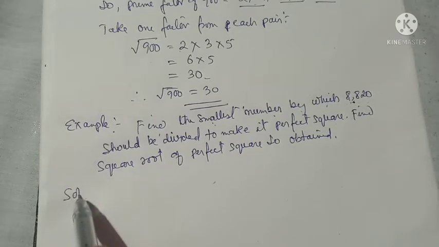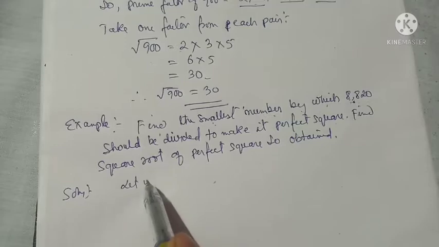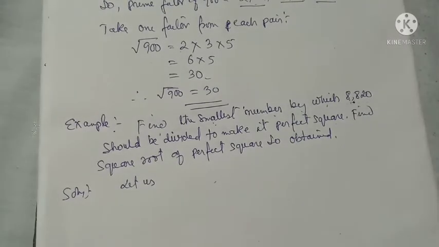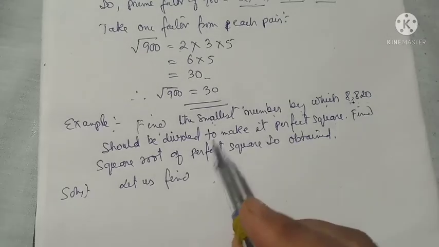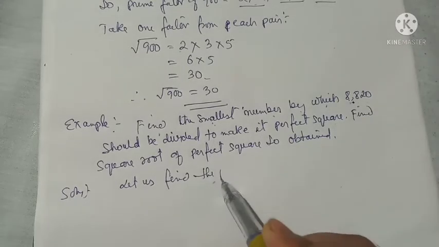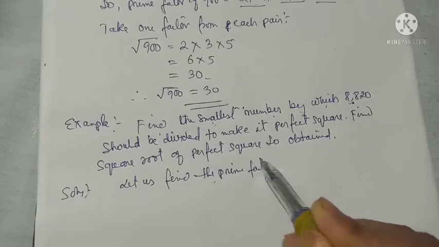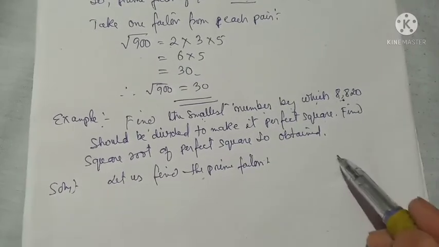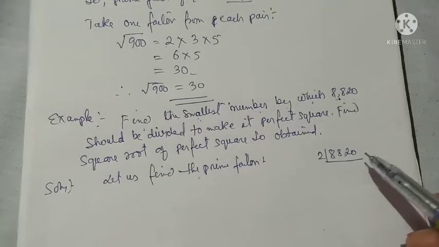The first thing we are going to do is find the prime factors. That means first we have to find the prime factorization of 8820.